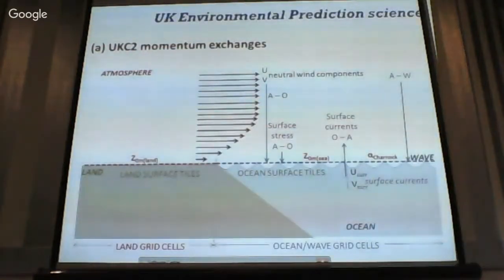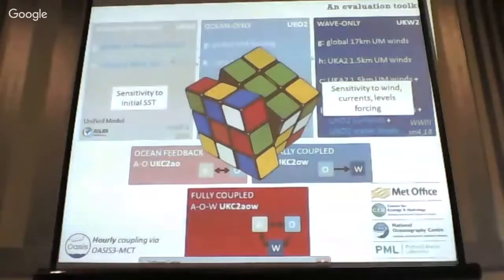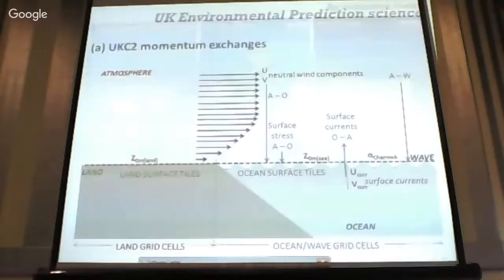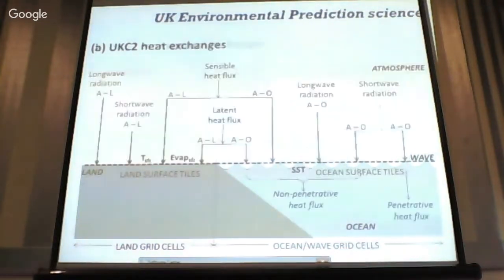In terms of science, I characterize it this way: this is all good technical stuff, but really what we're interested in is the impact of momentum exchanges across the ocean surface in particular, and the impact of the wave surface layer in modifying how momentum is exchanged across that boundary.